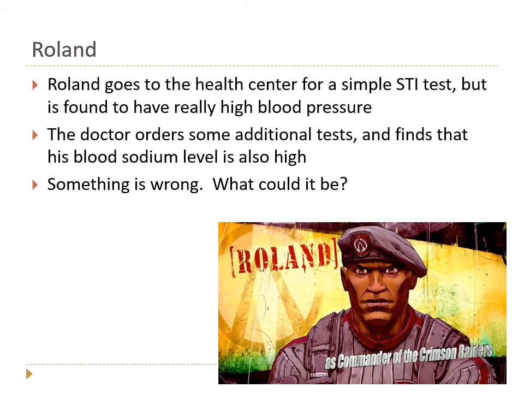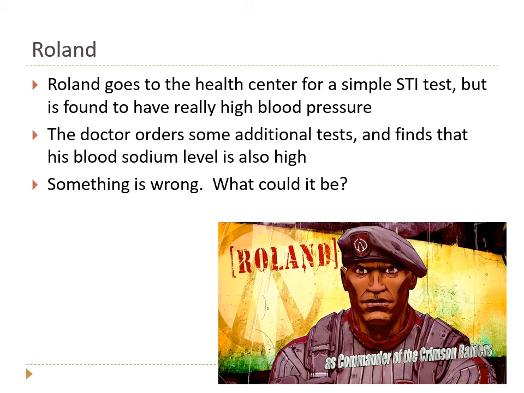So if you think back on this lecture, right, what causes you to reabsorb more sodium in the kidney? Well, if the kidneys are producing renin, which then goes on to cause production of aldosterone. And then if you have renin and aldosterone activated and present in your system, you're going to reabsorb more sodium as well as more water, and that is going to increase your blood pressure.